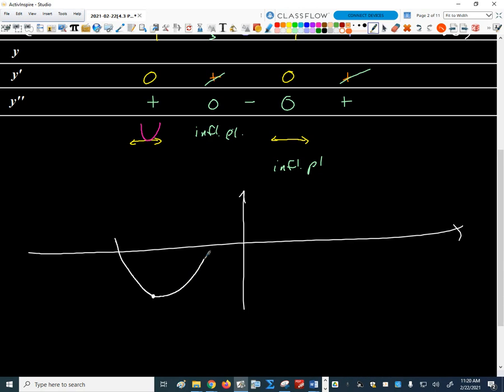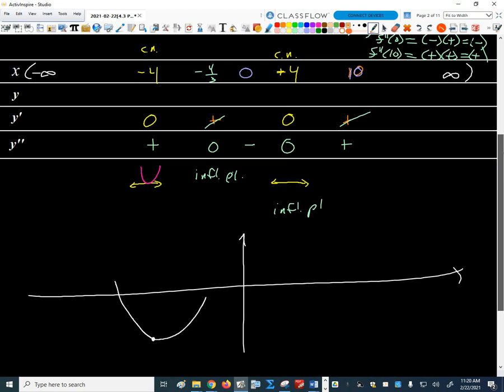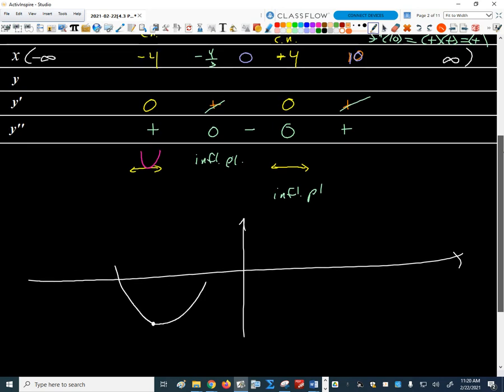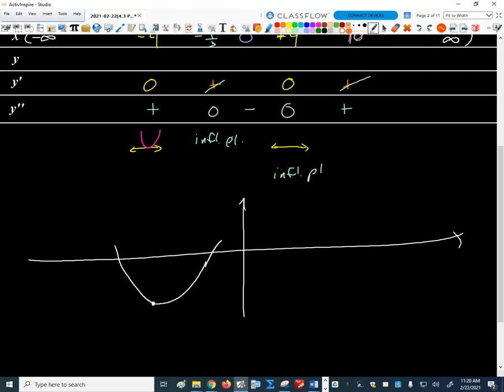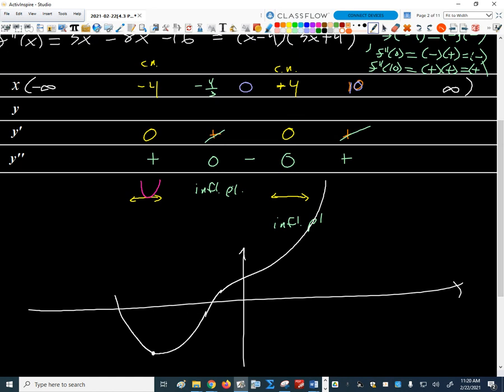I didn't draw that very well, but you get the idea. At -4/3, I'm getting an inflection point, and then I get another inflection point at 4. So it's just doing something like that, isn't it? Everybody agree?